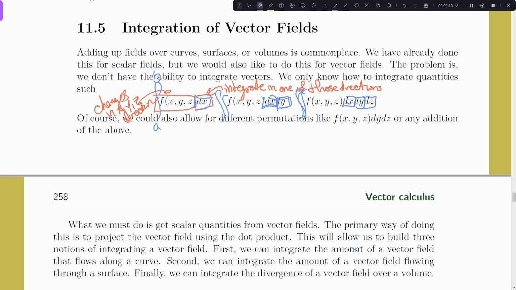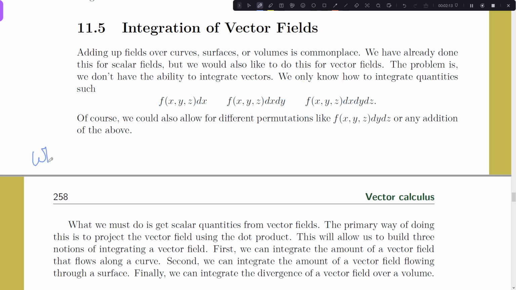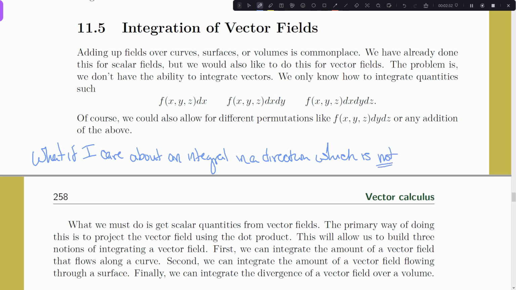But the idea of today is that, okay, what if I care about an integral in a direction which is not x, y, or z, or perhaps a changing direction?